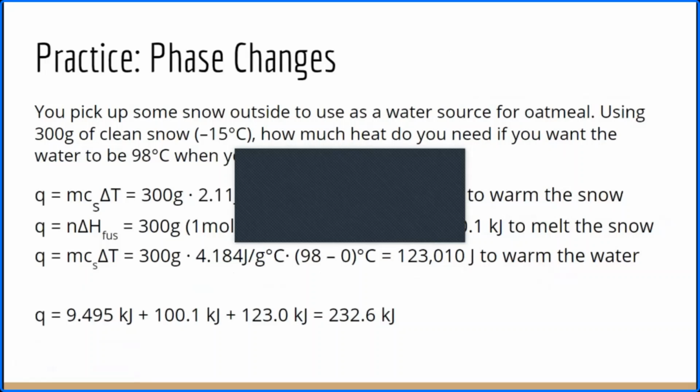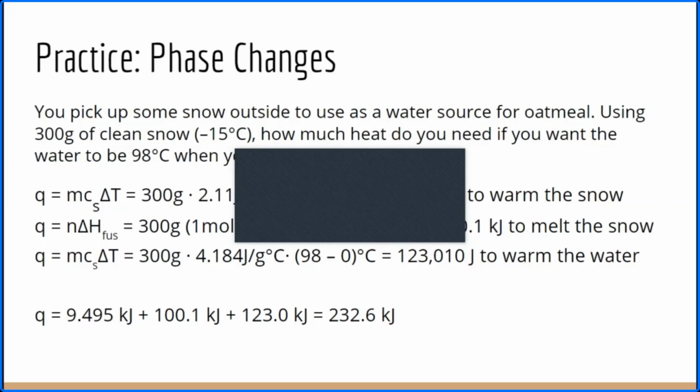And so after we've added all that energy, after we've completely melted the snow into water, then we need to take that same amount, 300 grams, multiply it by the heat capacity of liquid water, which is 4.184, and also times the final temperature, 98 degrees Celsius, minus the initial temperature, 0 degrees Celsius. And that gives us 123,010 joules to warm the water up to the point that we can make oatmeal with it.